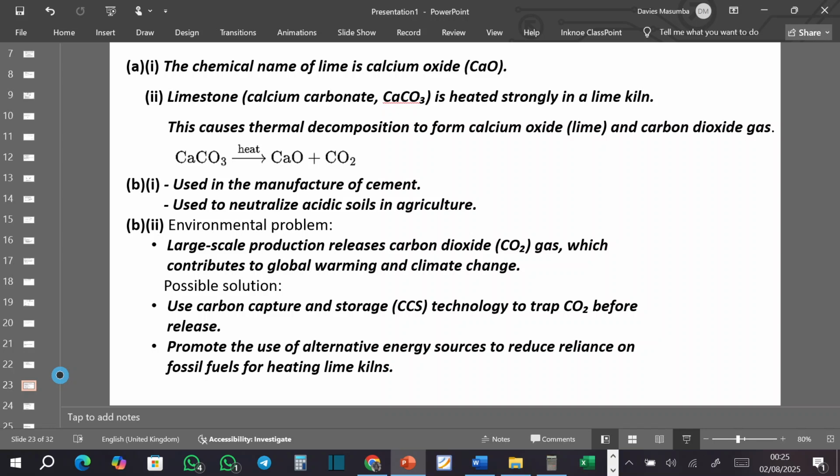Okay, so we use what we call carbon capture and storage technology to trap carbon dioxide before release, or promote the use of alternative energy sources to reduce reliance on fossil fuels for heating the lime kiln. Also, plant more trees so that they can absorb the carbon dioxide produced.